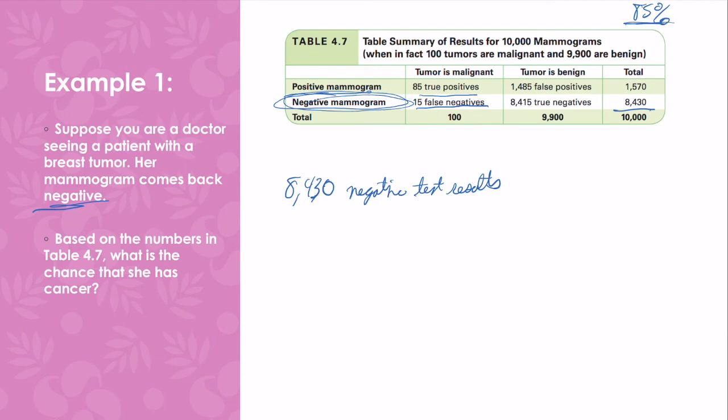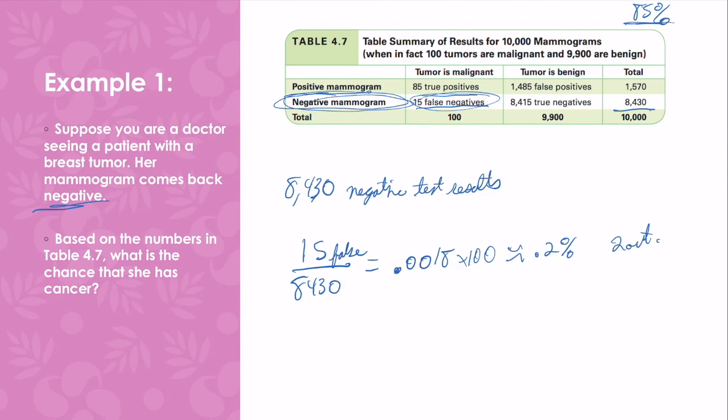But she's concerned that she could actually still have cancer even though she's in the negative group. Well, if she did have a false negative, she'd be one of 15 out of 8,430 women, which would give us 0.0018. If we multiply that by 100, that's about 0.2%. So 2 out of 1,000. So the odds of getting a negative mammogram and actually still having cancer are 2 out of 1,000.